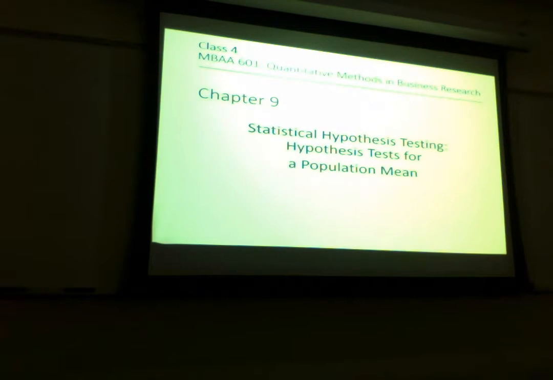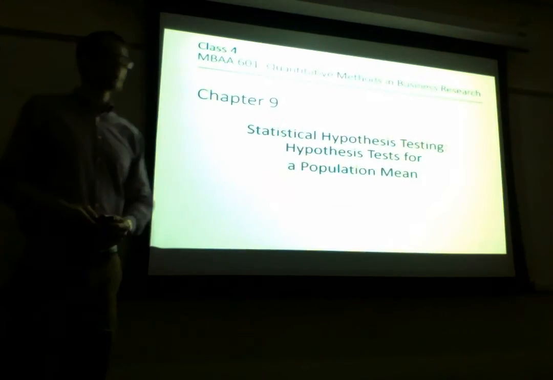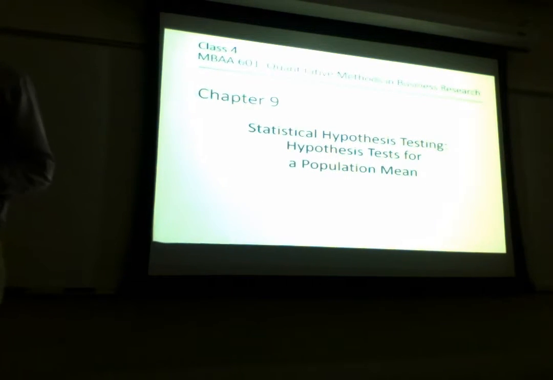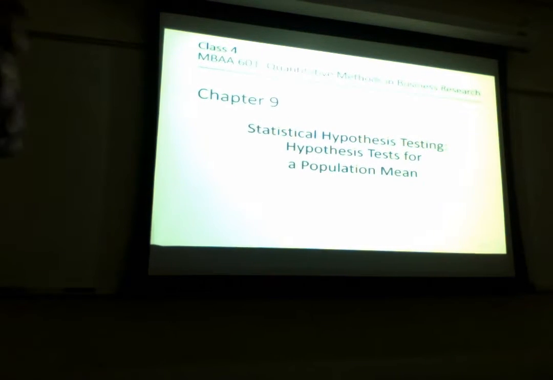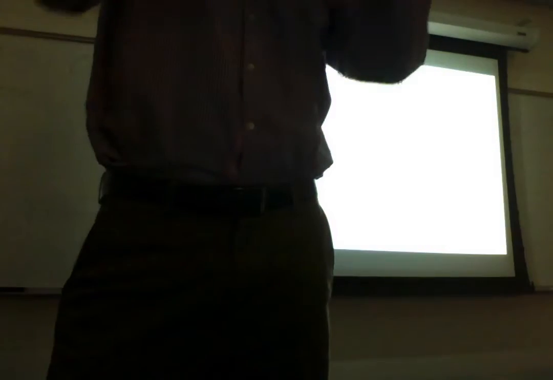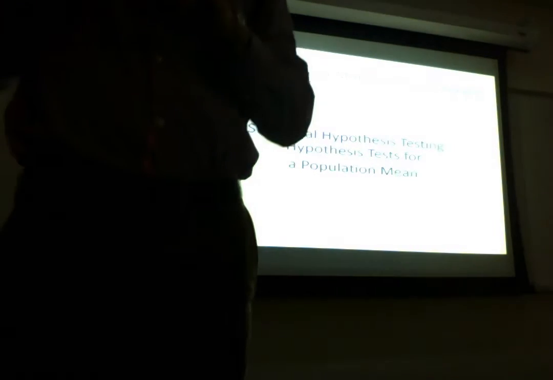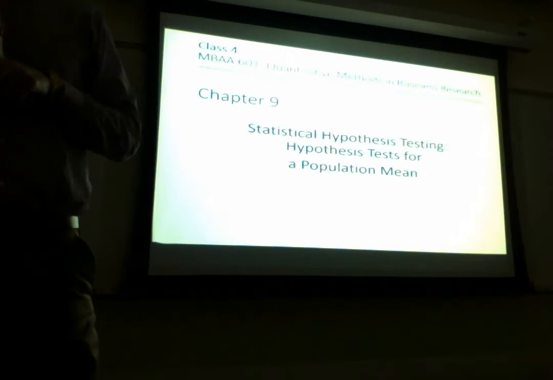All right, so today we talked about statistical hypothesis testing, and we talked about using a population mean for this hypothesis testing. And just a preview of next week, or the video for next week, we're going to add the usual suspects. Testing for a proportion, testing for a mean difference, and testing for a population proportion difference.